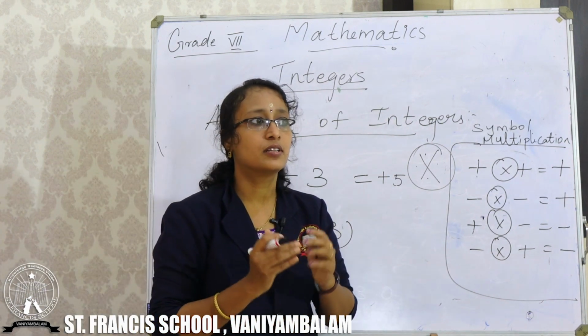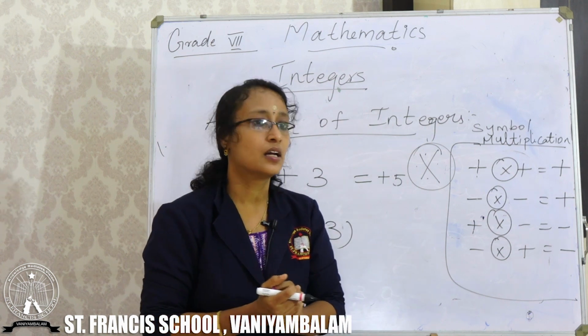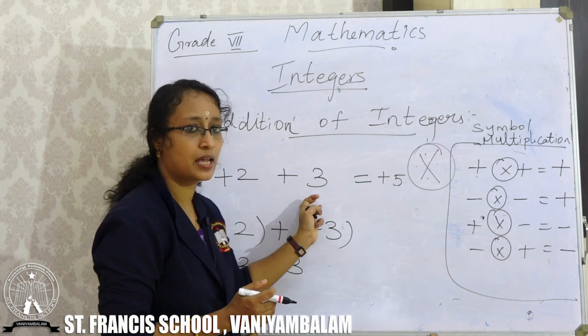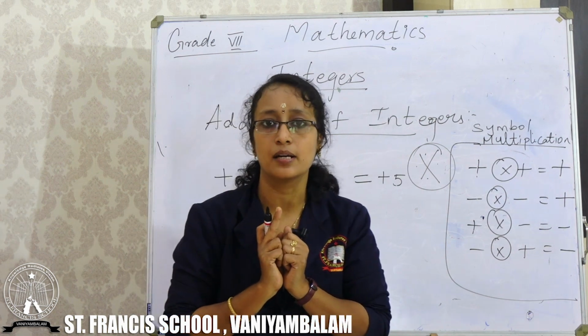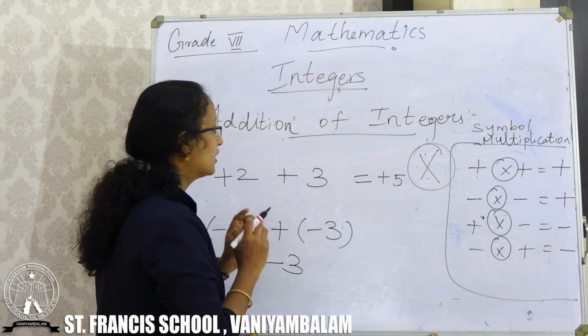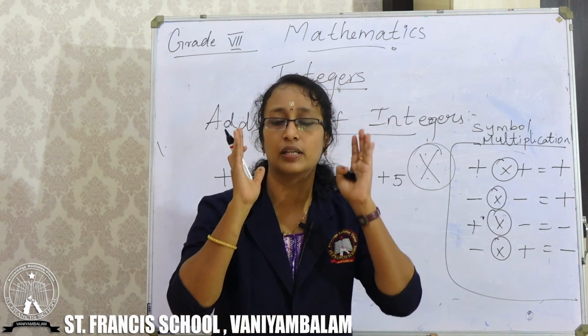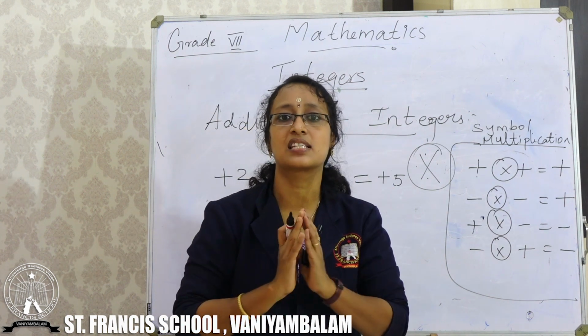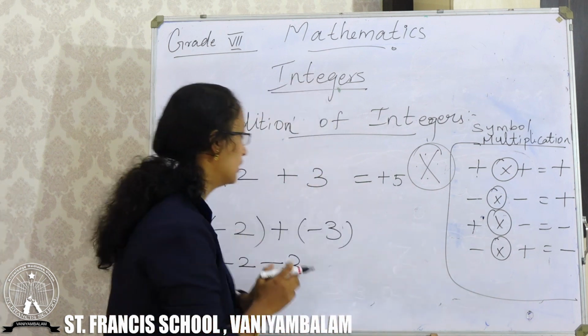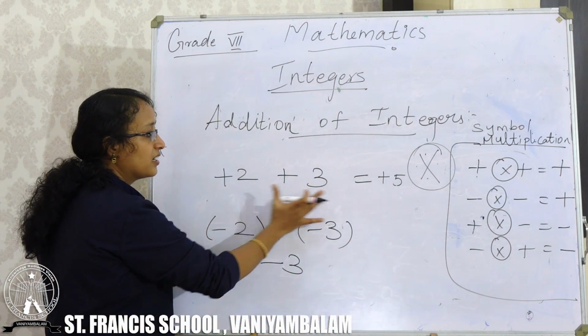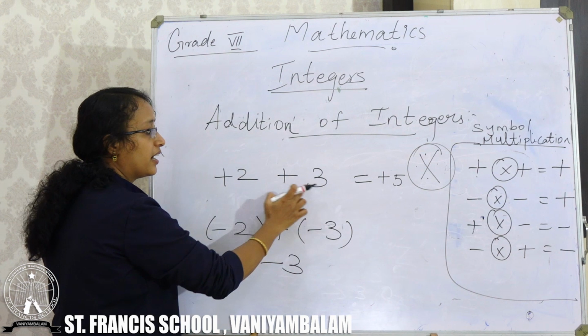Next. Minus 2, minus 3. So, you have same symbols. I told you if the symbols are same, add it and put the greater number symbol. Whether it is a negative sign or positive sign, no problem. Here you have the same symbol, right? So, you add it and put the greater number symbol.